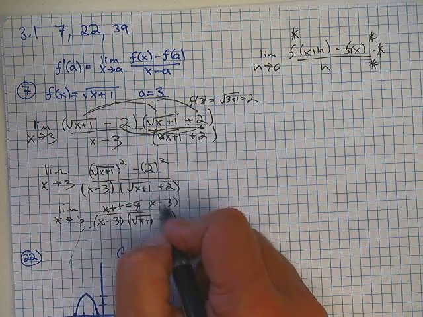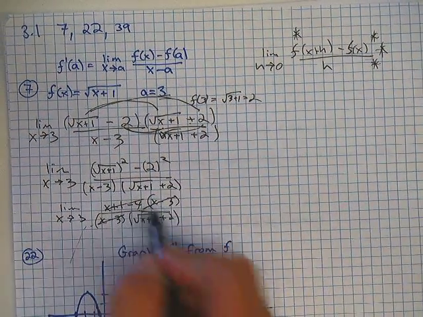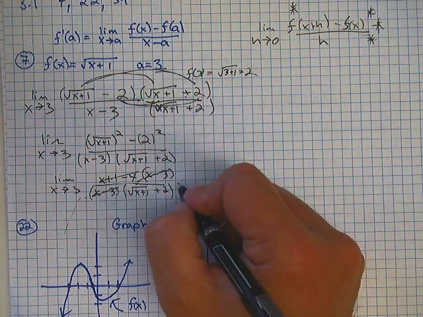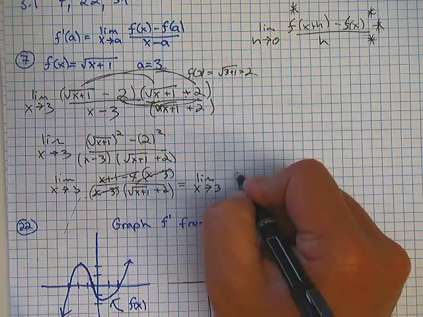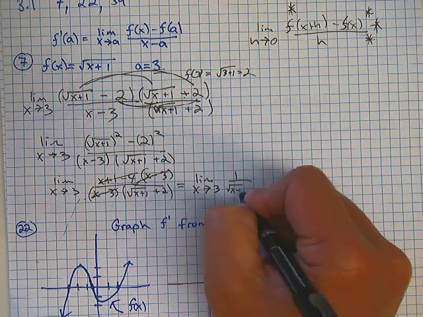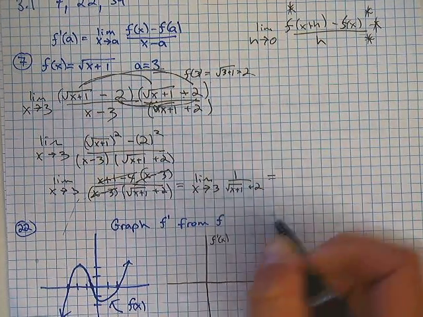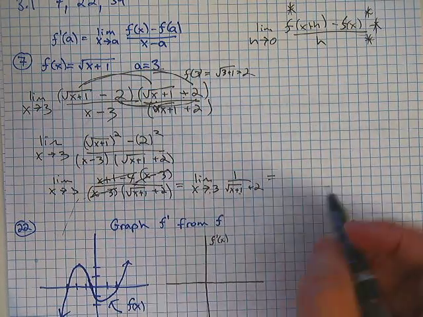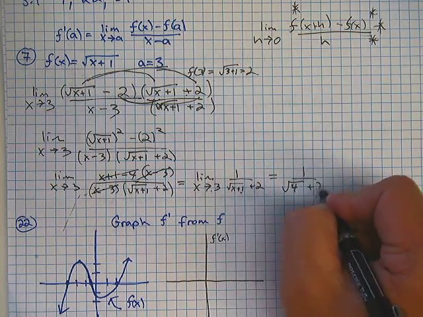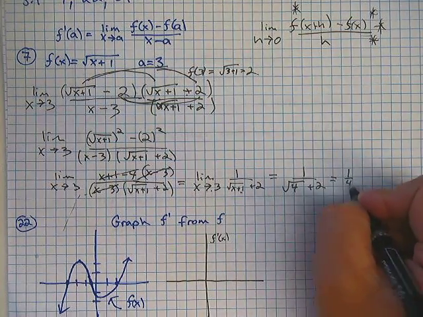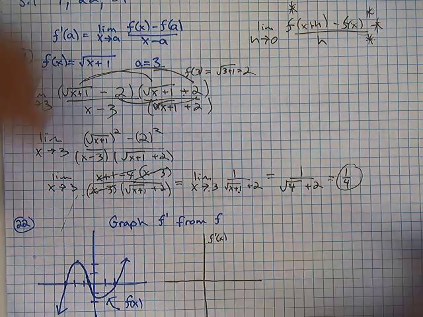That becomes x minus 3, which then cancels out with that x minus 3. So that's good news right there. Now we're left with the limit as x approaches 3 of 1 over the square root of x plus 1 plus 2. We can plug in 3 here, and we get an answer that's not 0 over 0: 1 over square root of 4 plus 2, which happens to be 1/4.